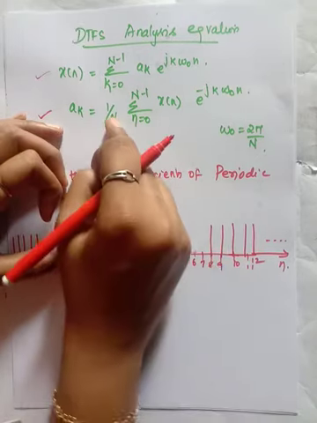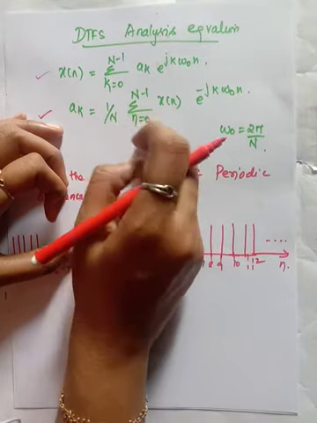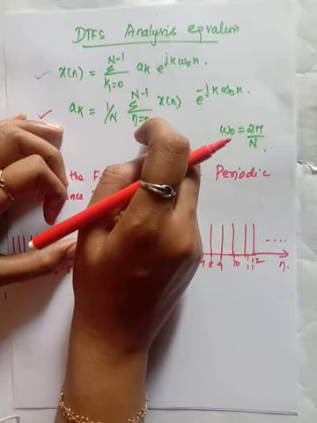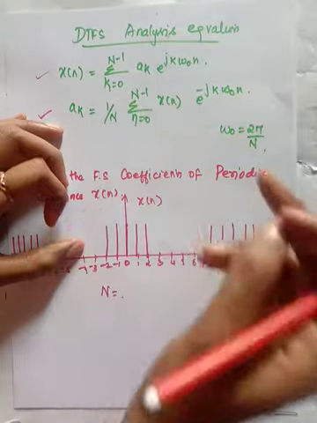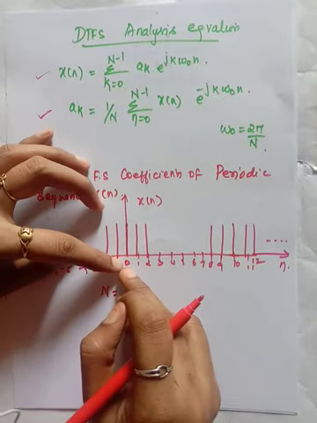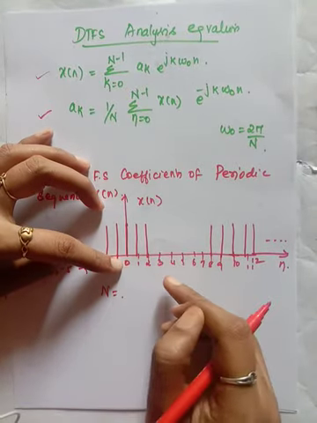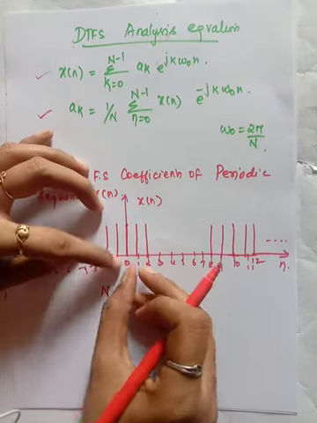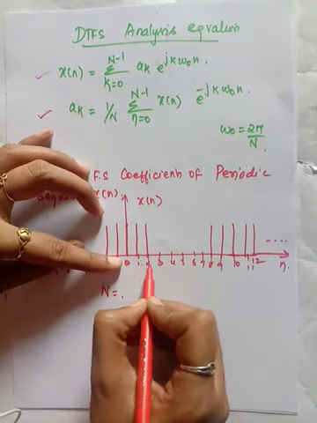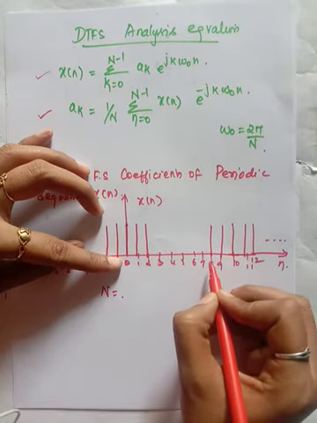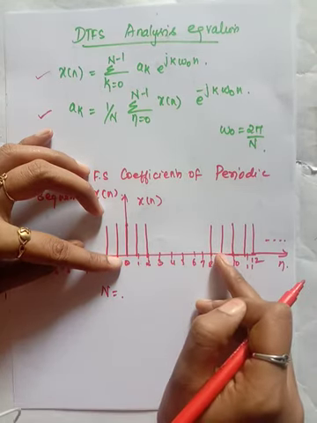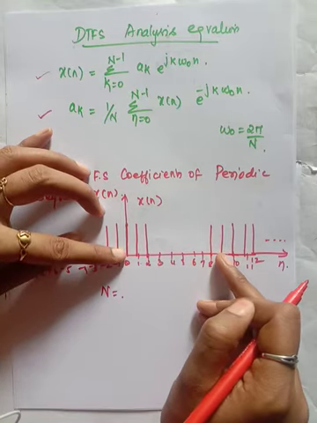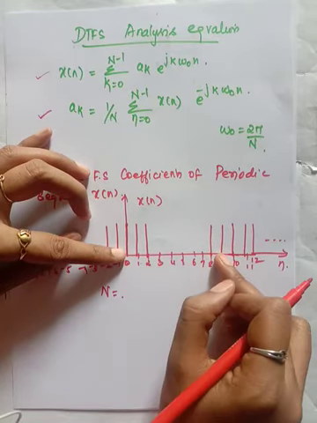Since in this formula we are considering the positive side, I am going to take 0 to N. How are we going to choose N? See here the signal, this was 0, 1, 2. Here I have this up to 9, so I am considering 0 to 9 as one spectrum.